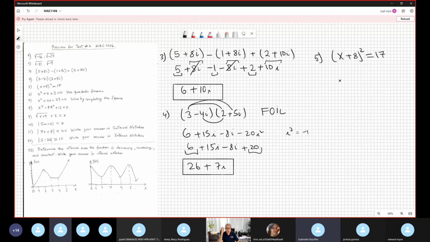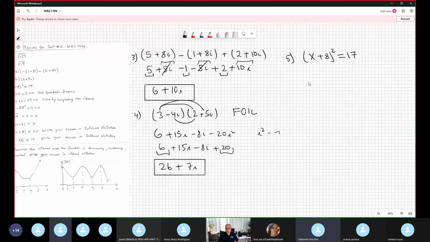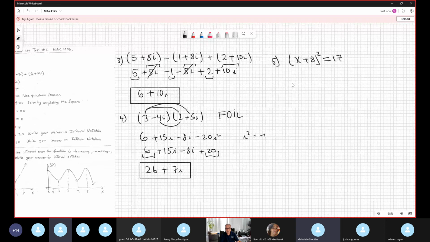Okay. This equation is a quadratic equation. The easy way to solve that is not necessarily to expand this x plus 8 times 17. You can, but it's a too long process. However, I take advantage that somebody already did the factorization, and you apply square root directly.